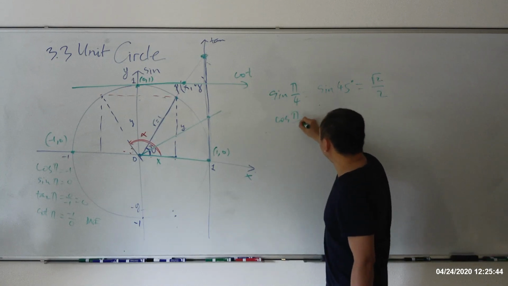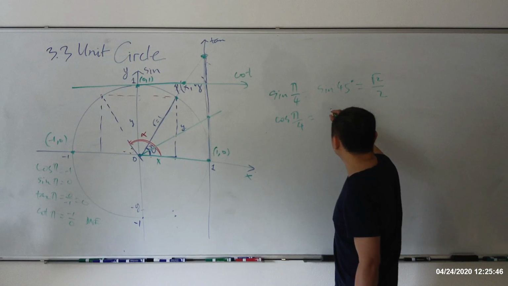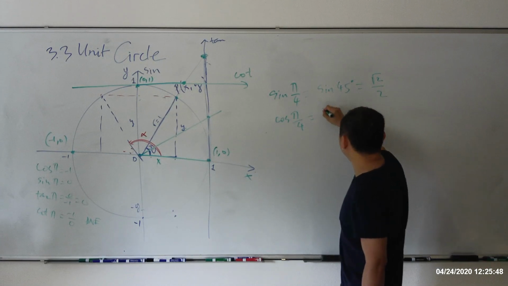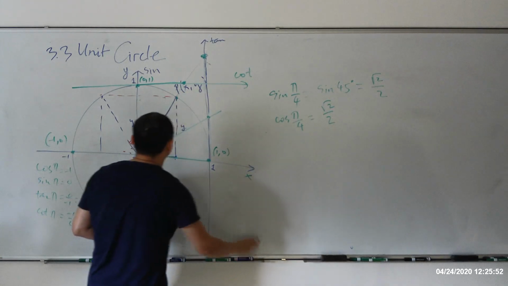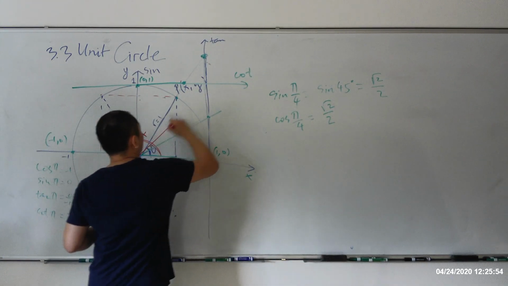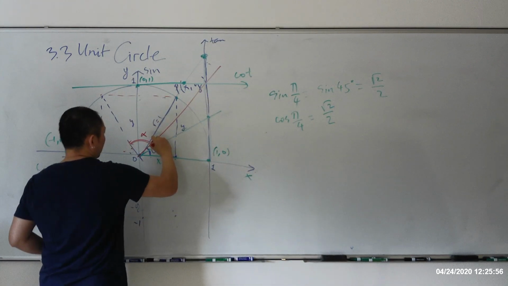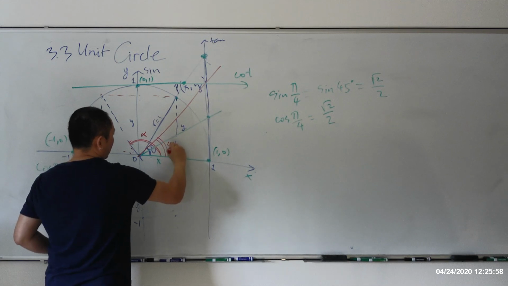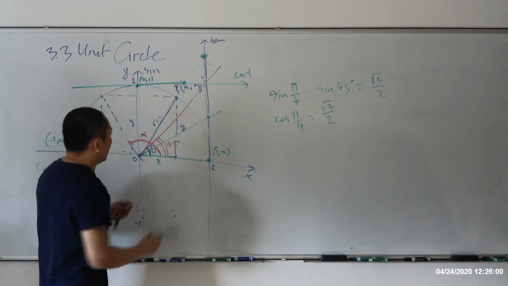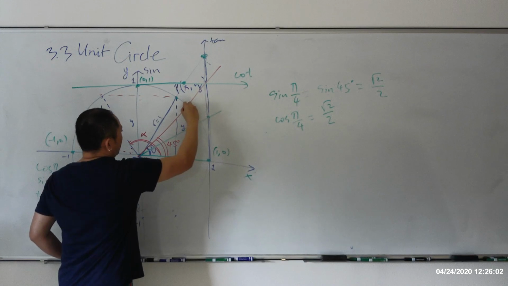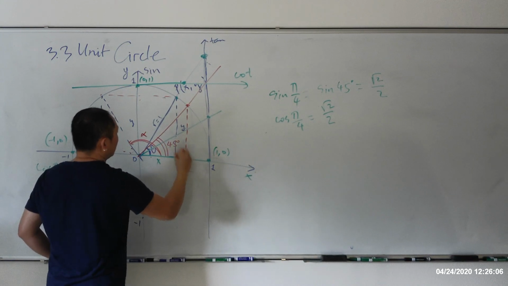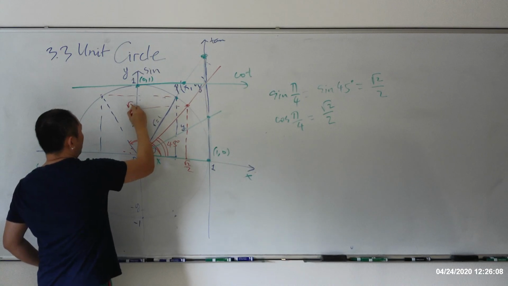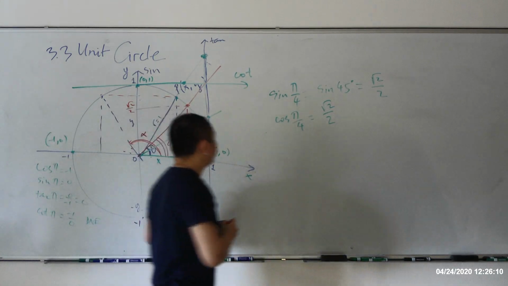Cosine of pi/4 is also √2/2, and applied to our circle, it's right here, 45 degrees. Okay, this is the angle, 45 degrees. So sine and cosine are this much. This is √2/2, and this is √2/2.